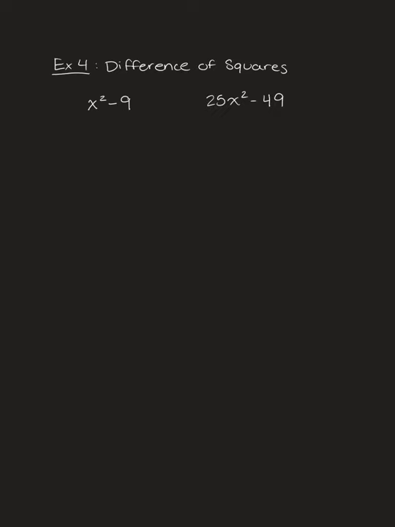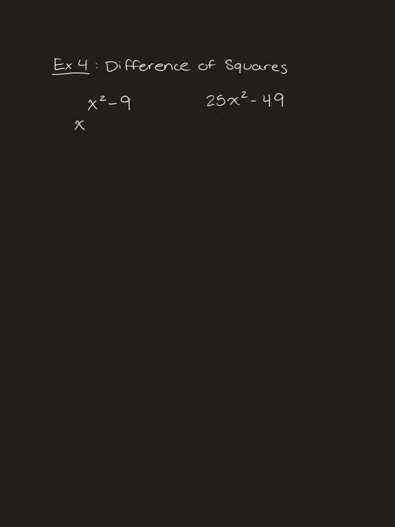So difference means subtraction. So in order to factor a difference of squares, your two terms have to be perfect squares, and there has to be a subtraction sign in between. Otherwise, this won't work. So if we look at x squared, x squared is a perfect square of x.